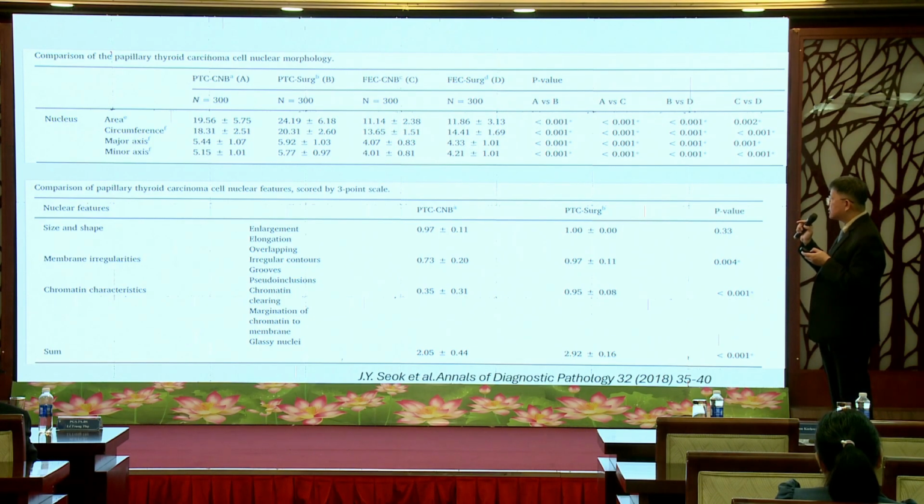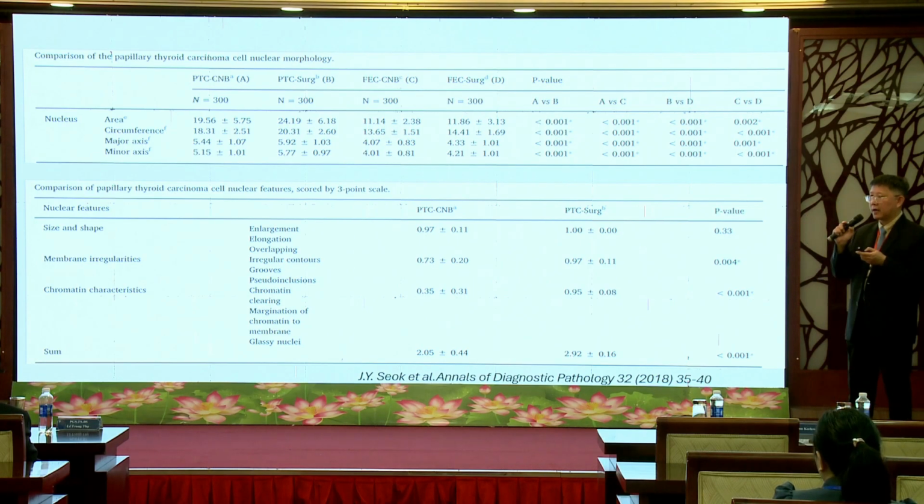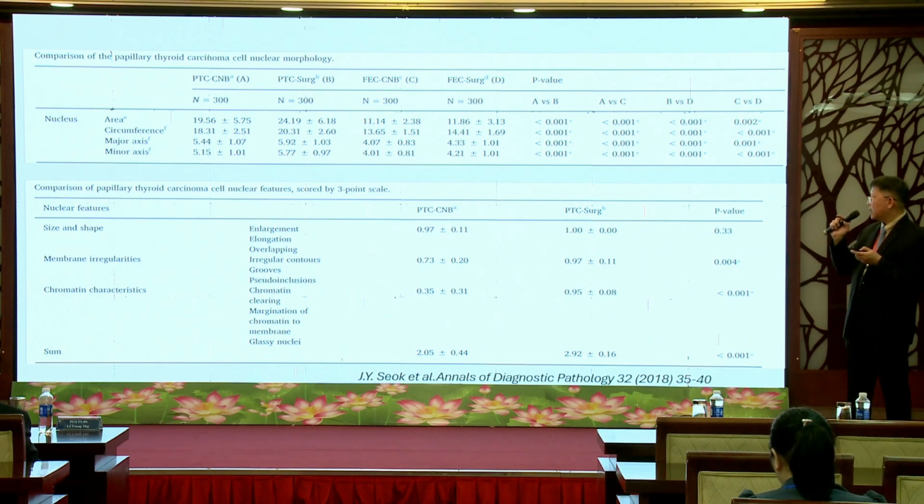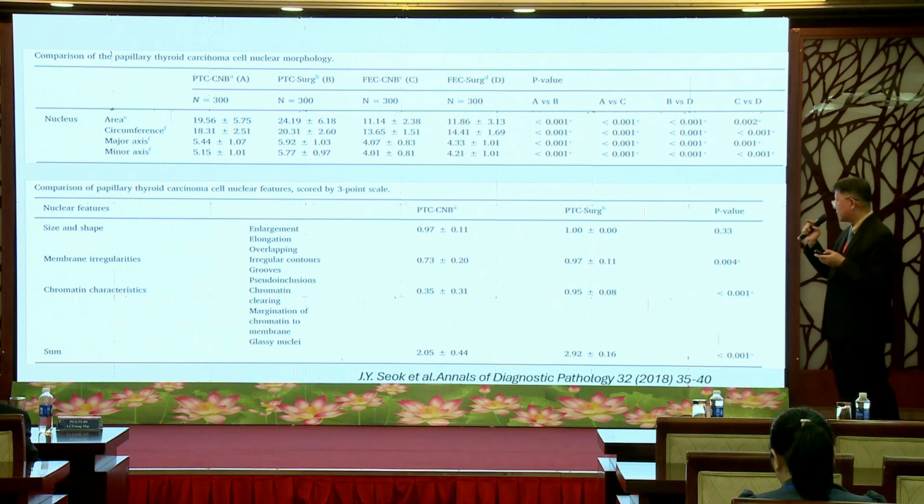In the lower table, they use the three-score criteria of PTC nuclei proposed by the NIPP group, and they found that the core needle biopsy usually has a lower score compared to the PTC surgical specimen.